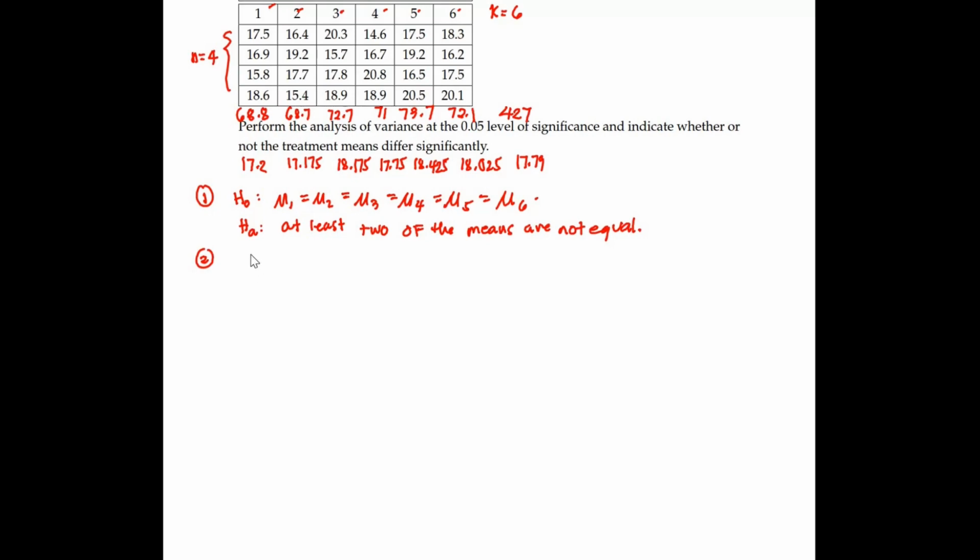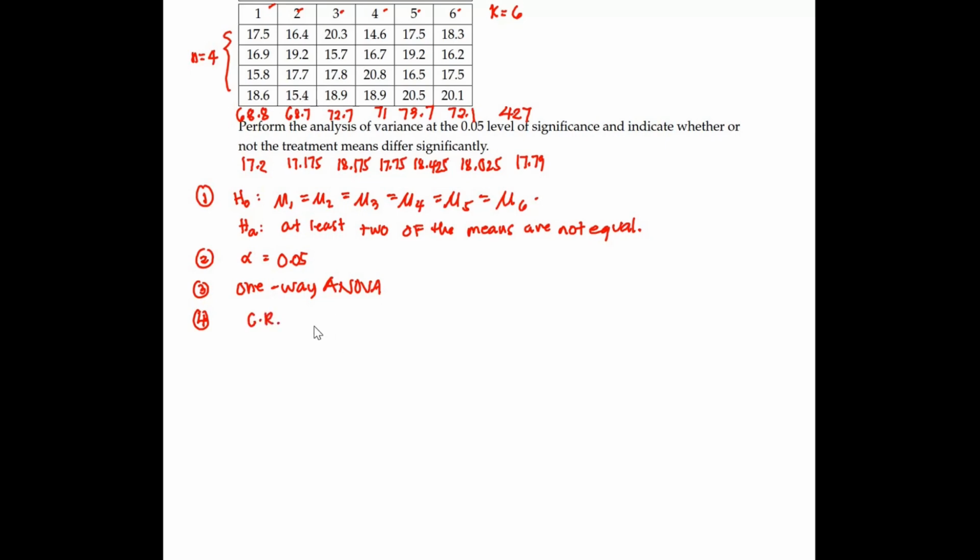Step number 2, the level of significance to be used is 0.05. Step number 3, this is one-way ANOVA. Step number 4 is to establish the critical region.